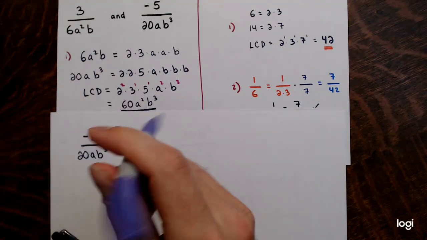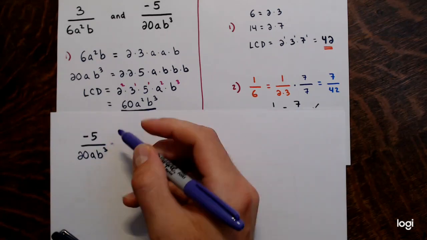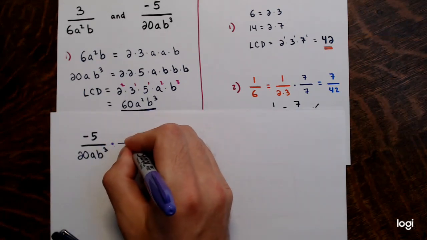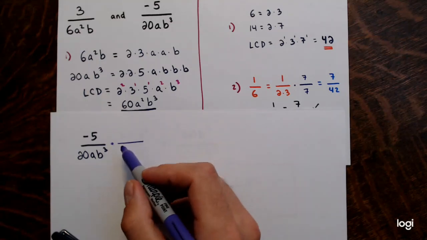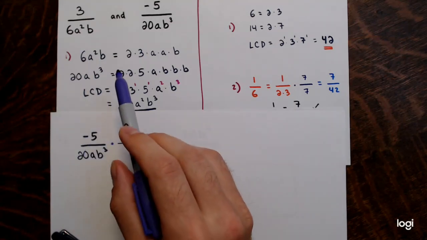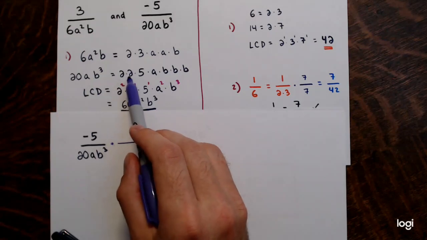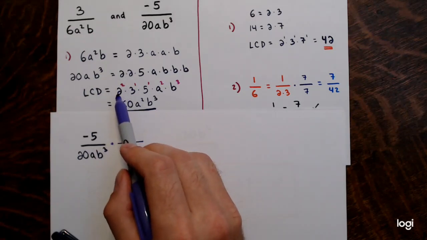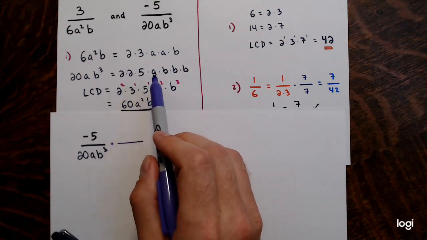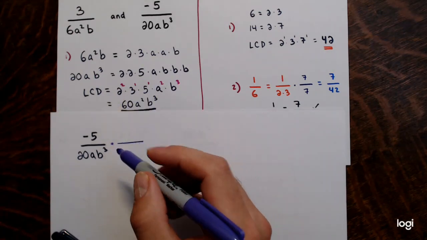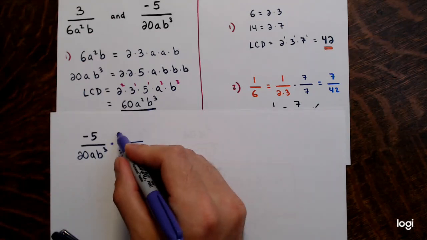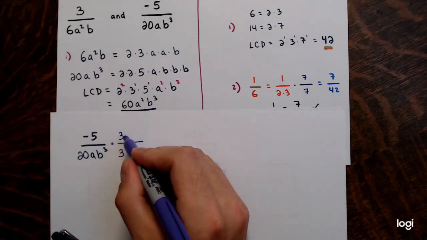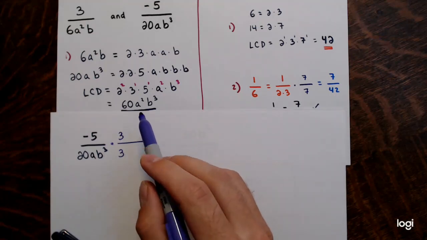All right, so I'm going to multiply by 1. I want to change it to an equivalent fraction, so I'm going to multiply the numerator and denominator by the same expression. All right, so 20ab cubed has 2 2's. So does the LCD, 2 squared. It has no 3's, but the LCD has a 3, so I need a factor of 3, and again the numerator as well. Multiply by a factor of 3.